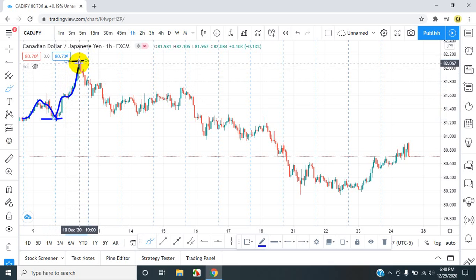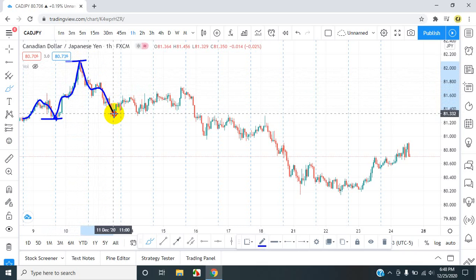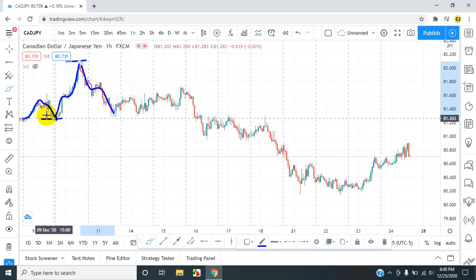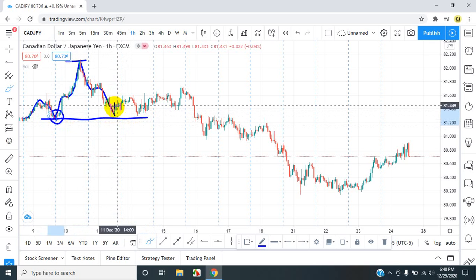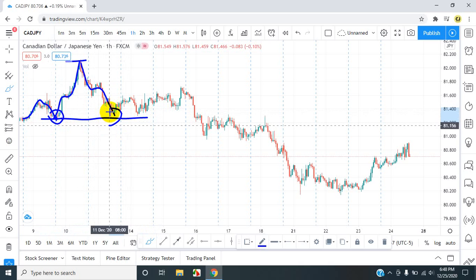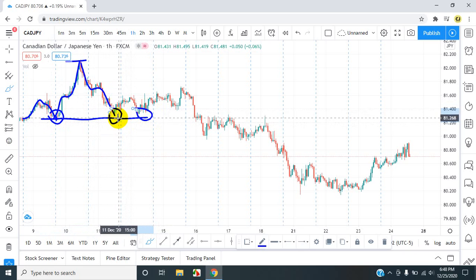From there, the market wasn't able to hold that. The market came down to previous areas of major support, which is here. It touched it once, twice, a third time. So we have one touch, two touches, three touches.